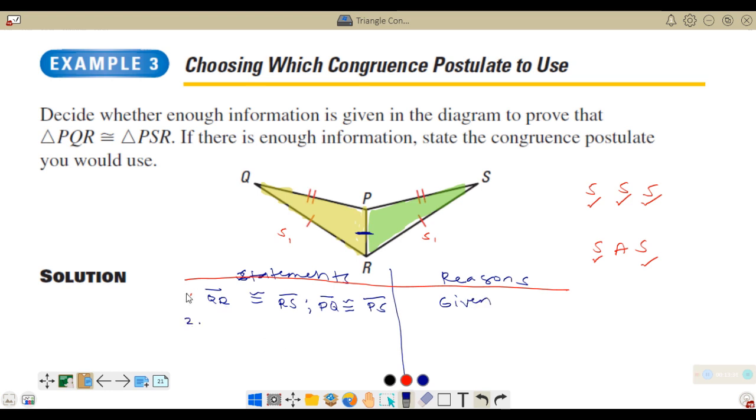Number 2, what is our next statement? We have segment PR is congruent to segment PR.